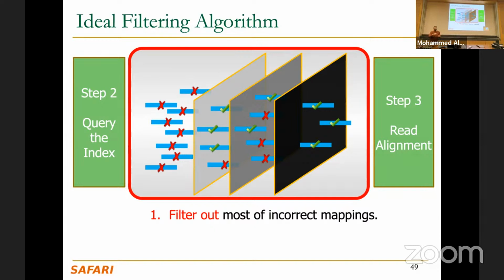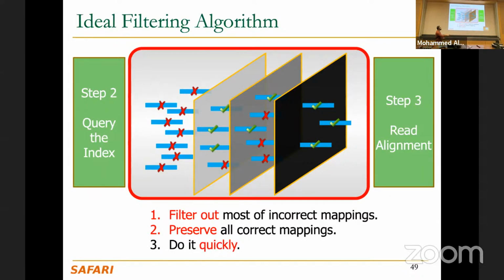It must be the dynamic programming algorithm, by theory, right? That's why I'm aiming to filter most of them, not all of them. Of course, I will have false positives, but I cannot tolerate false negatives or false rejects. I cannot reject similar sequences by having my algorithm say these are not similar. This is not tolerable. That's one of the requirements. And I need to do it quickly, because I want to reduce the time spent on sequence alignment.